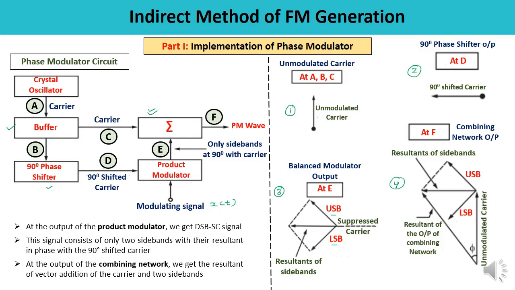When the lower sideband, upper sideband and the unmodulated carrier are applied at the combining network, at the output we get the resultant one, and the amplitude of this resultant is increased over here. So this will increase the angle phi, which is made by the resultant with the unmodulated carrier, right? In this particular manner you can explain the phase modulator circuit.